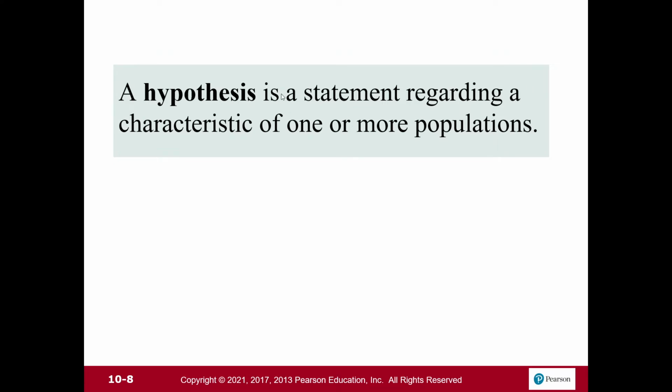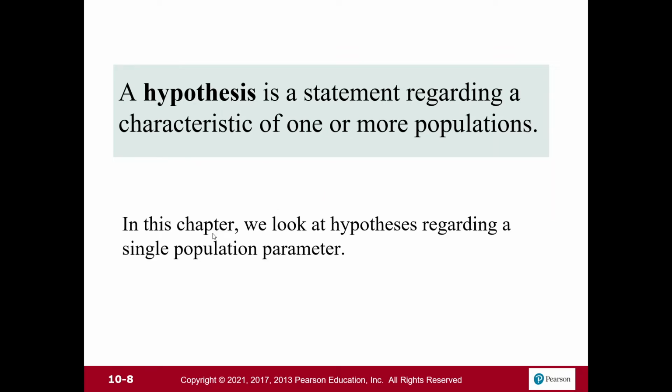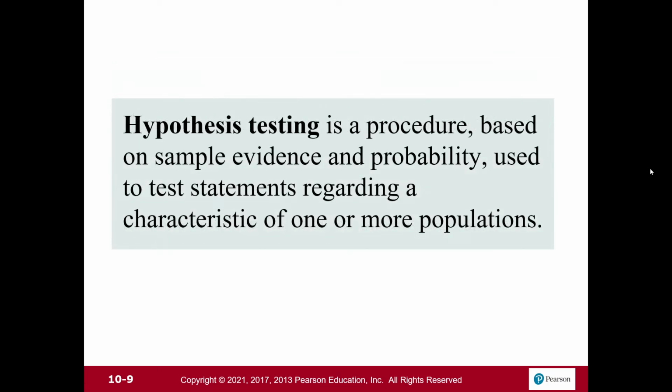A hypothesis is a statement regarding the characteristic of one or more populations. In this chapter, we look at hypotheses regarding a single population parameter. Hypothesis testing is a procedure based on sample evidence and probability used to test statements regarding a characteristic of one or more populations.